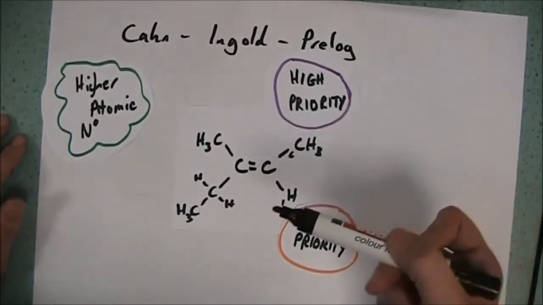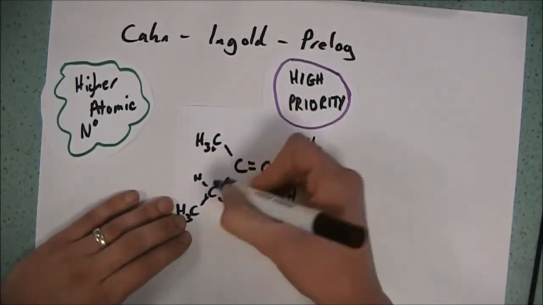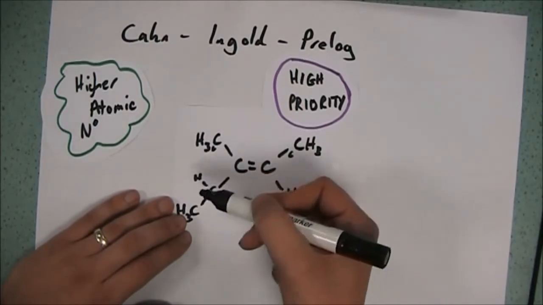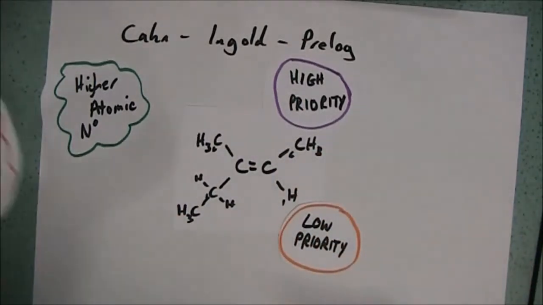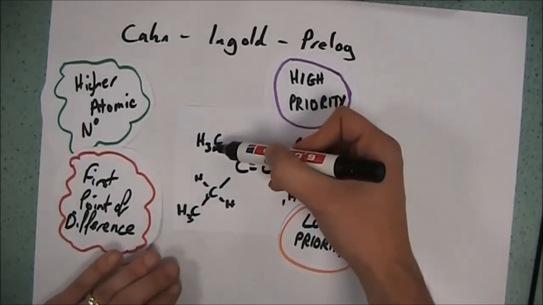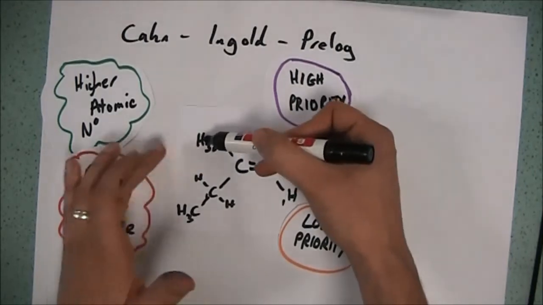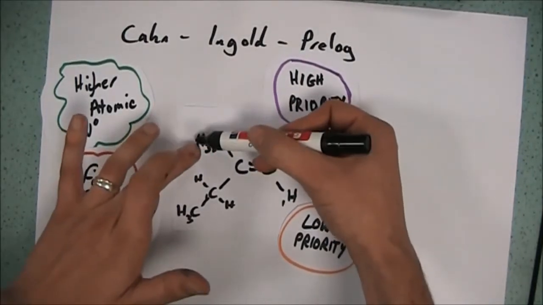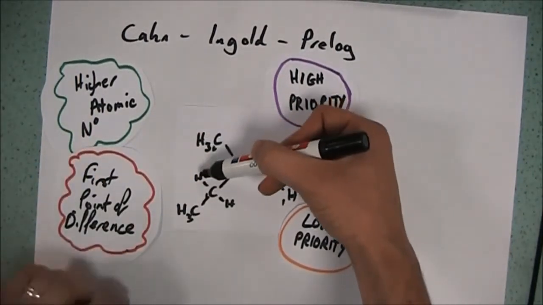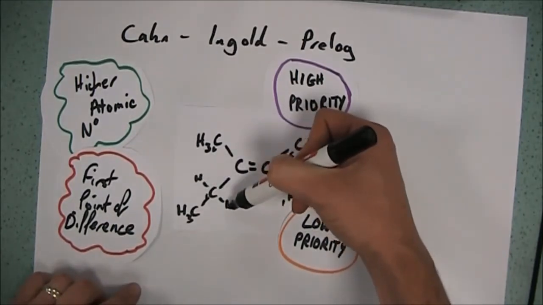So what we have to do now is we have to go, right, okay, well, if that is 6 and that is 6, what's the next atom along in the chain? We're going to look for the first point of difference. So here we have a carbon which is 6, here we have a carbon which is 6. If we go along one bond in this group, we're going to find a hydrogen because that's all that's left. Here though, if we go that way there's a hydrogen, no different. That way there's a hydrogen, no different.